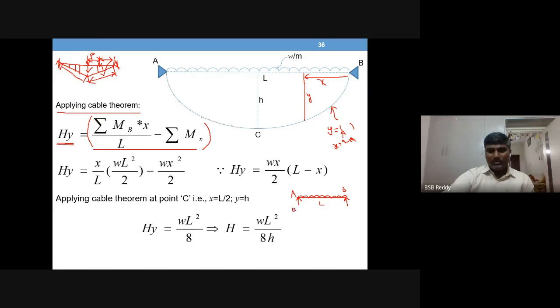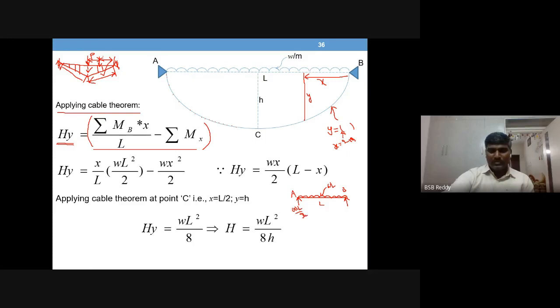So WL by 2 is the reaction. What is the total load value? W into L is the total load value, so half of it is each reaction, WL by 2.